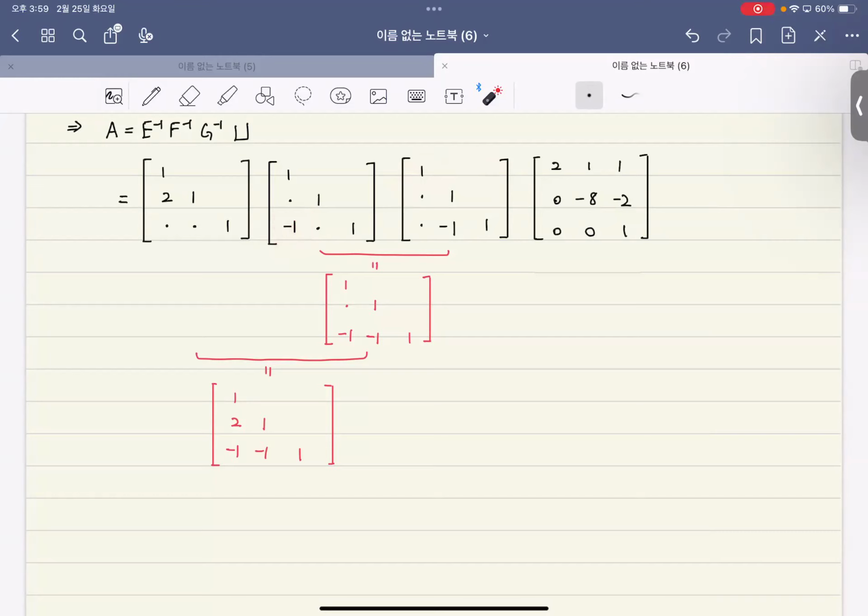This is the third row. Therefore, -1 times -1 has to be added to the third. This is what I mean by multiplying elementary operation.